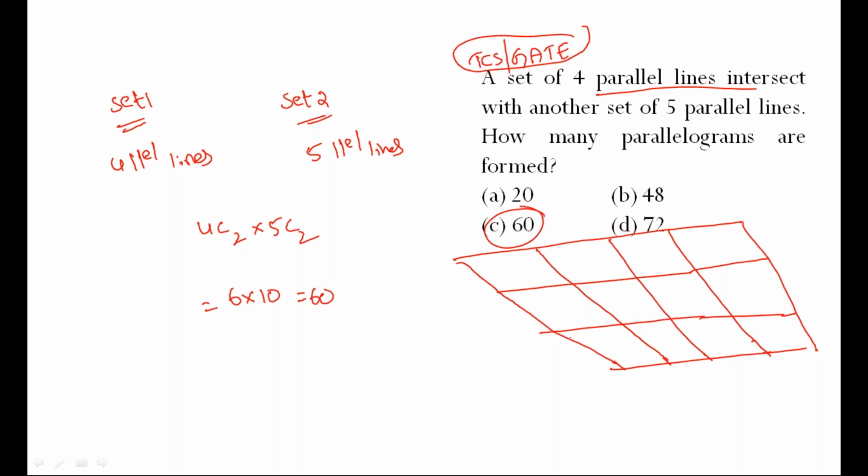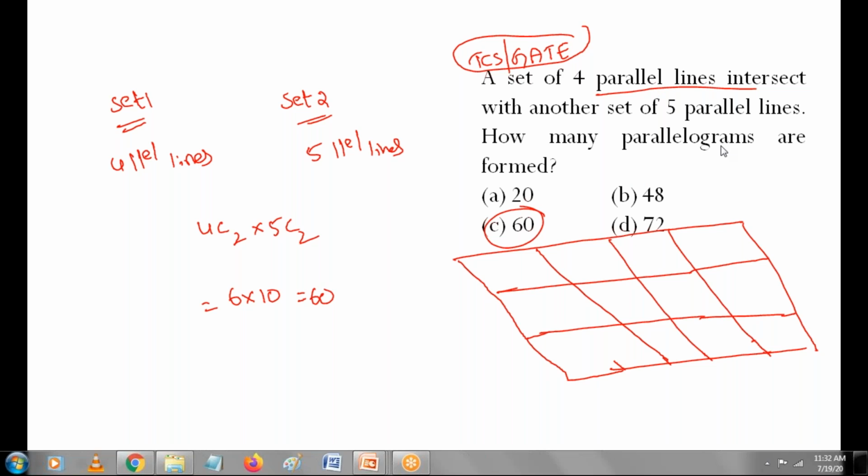As I mentioned clearly, diagrams are pretty difficult in this writing pad, so you may get some different things from what we intended. But I hope you understand what I want to convey. So with 4 parallel lines in one set and 5 parallel lines in the other set, if you draw this diagram and count manually also, you will get 60 only. So I hope you are clear with parallelograms.